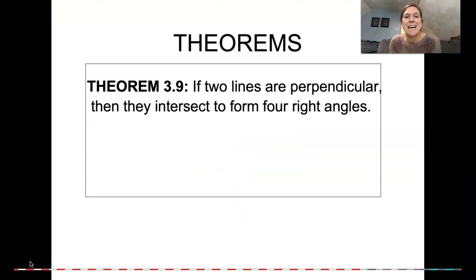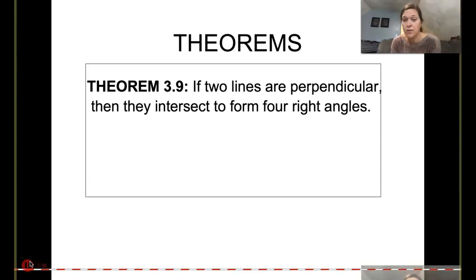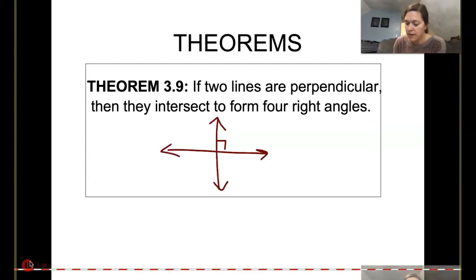Theorem 3.9 says if two lines are perpendicular, then they intersect to form 4 right angles, which again should just kind of make sense if we think about it. I have perpendicular lines, which means that they intersect at a right angle. I have a whole bunch of linear pairs. Right here I have a linear pair, so if that top is 90 degrees, then that bottom has to be 90 degrees.